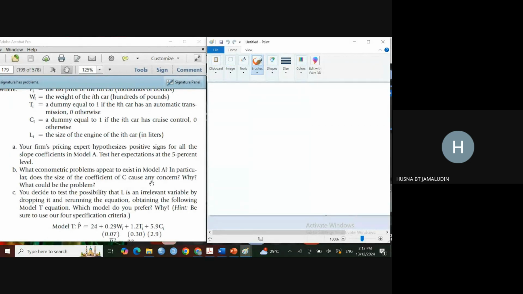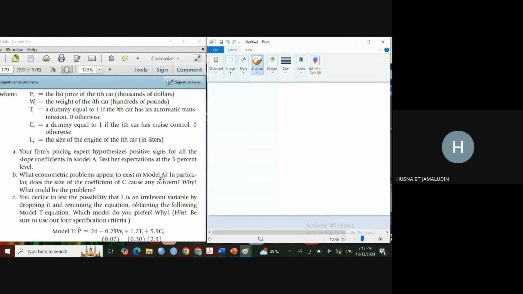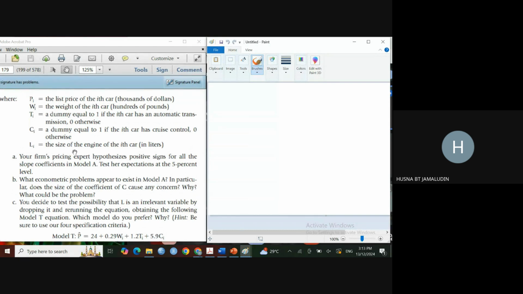These are what you call econometric problems. And for specification, you have 3 things: irrelevant variables, incorrect functional form, and you can ignore the error term under specification. So what kind of econometric problem appears to exist in the previous model? Multicollinearity, yes, because the size of the engine is very similar to the weight of the car.